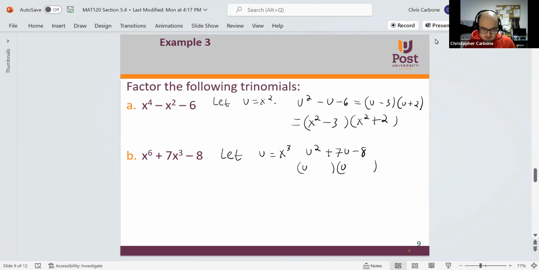The factorization that we could use is 8 and 1, a positive 8 and a negative 1. So u plus 8 times u minus 1. And putting back in that substitution, this would be x cubed plus 8 times x cubed minus 1.